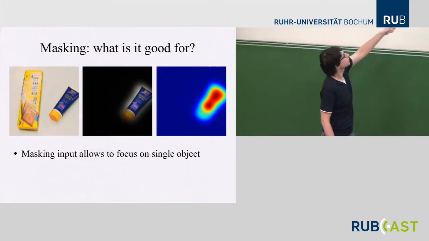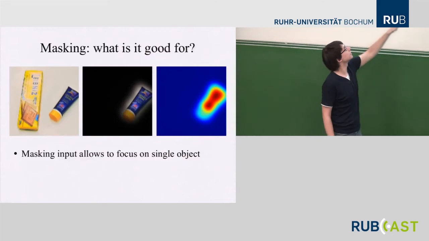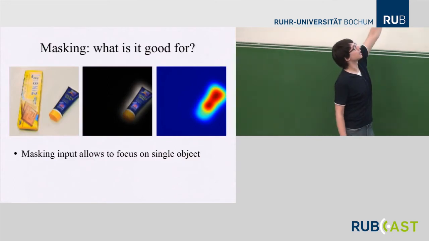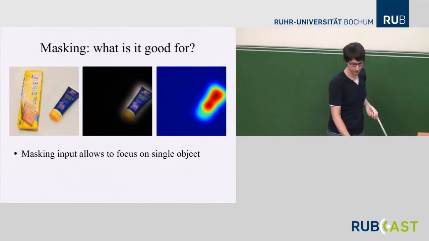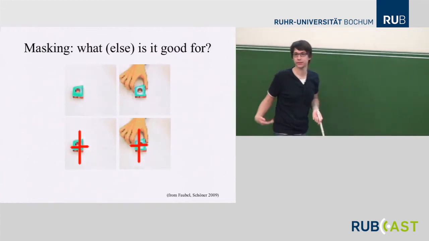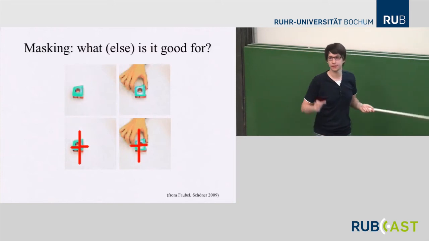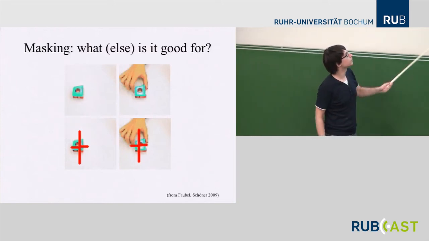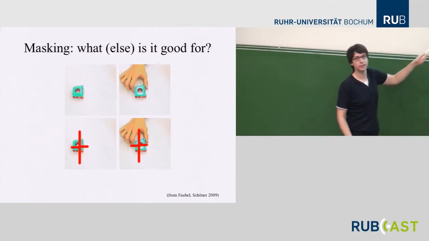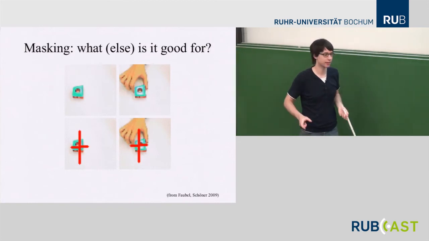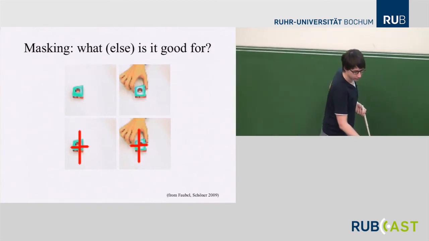But in our case, we can just focus on one of the objects, and the other one is completely disregarded because it's just multiplied away here. The same goes for interaction with a human. If you, for example, recognize this tape dispenser, and then someone grabs into it, because everything else is faded away, the hand isn't a large distractor in this case.